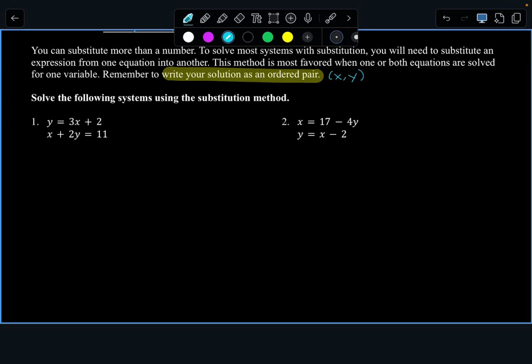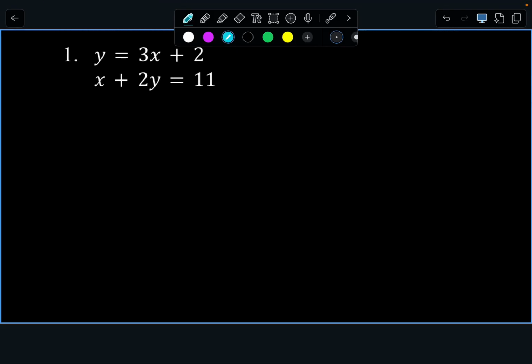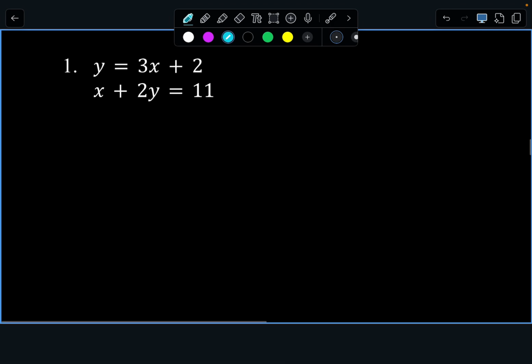Looking at number 1, in these two equations, we have y alone already in the top one. So we can substitute y with 3x plus 2. When we do that, though, we have to use parentheses.